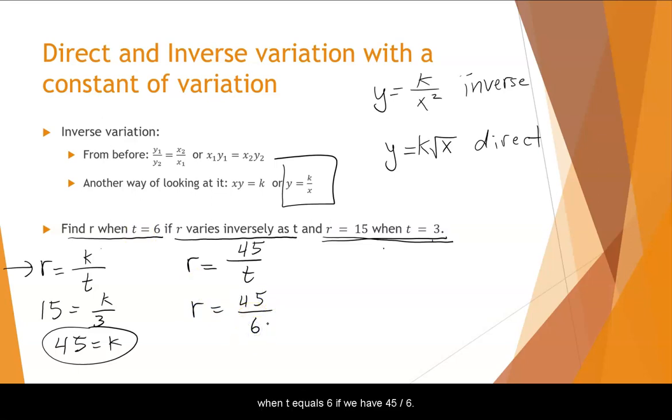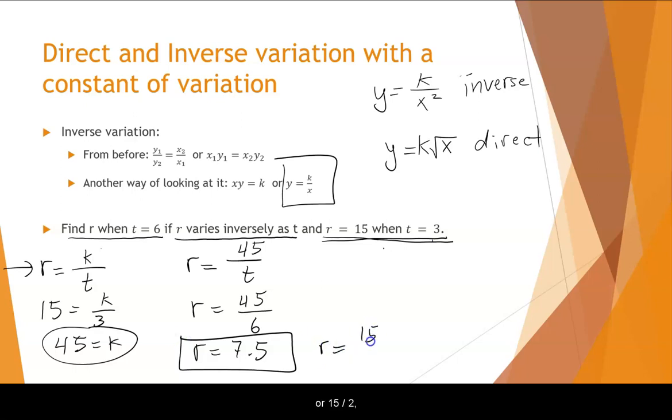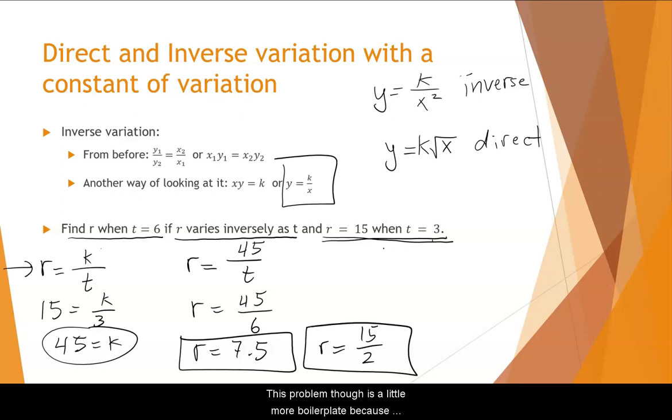If we have 45 divided by 6, r equals 7.5 if you like decimals, or 15 over 2 if you prefer fractions. This problem, though, is a little more boilerplate because we're given everything very nicely laid out for us.